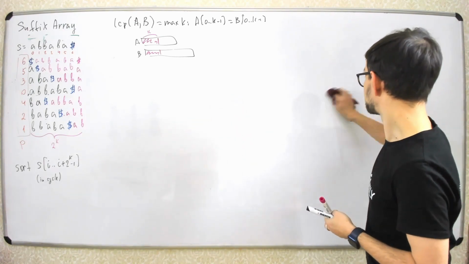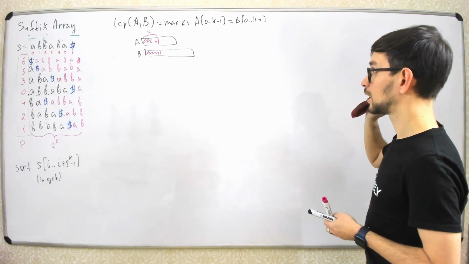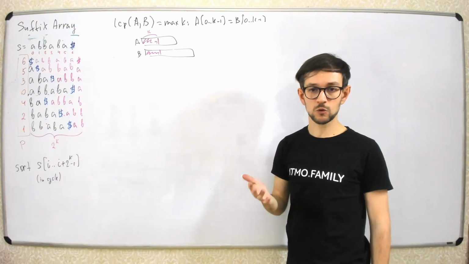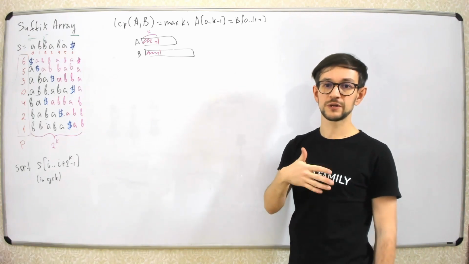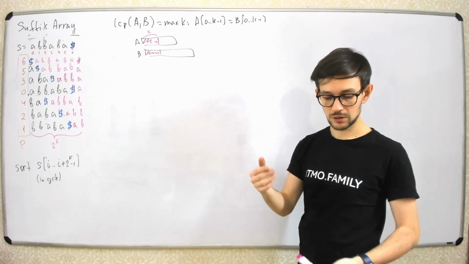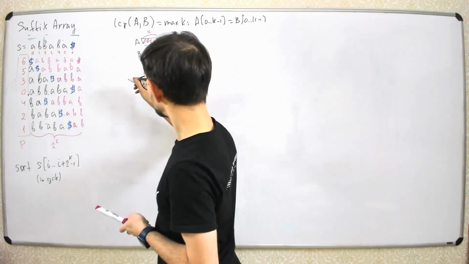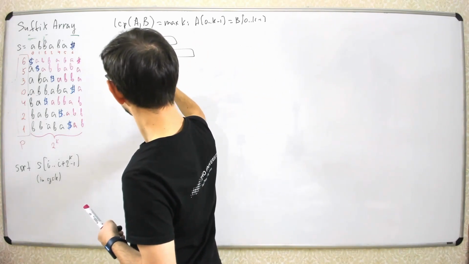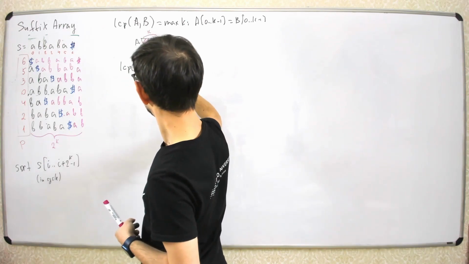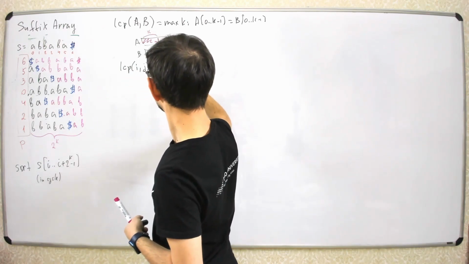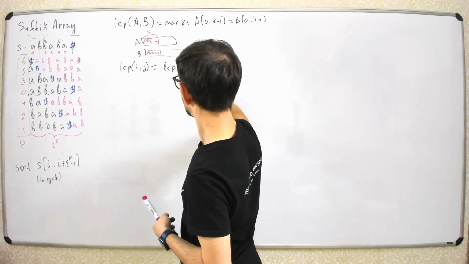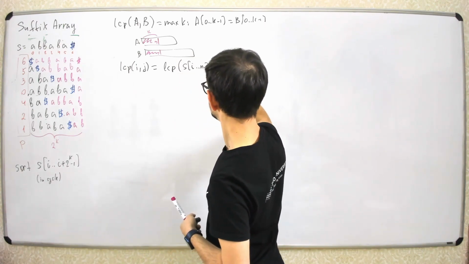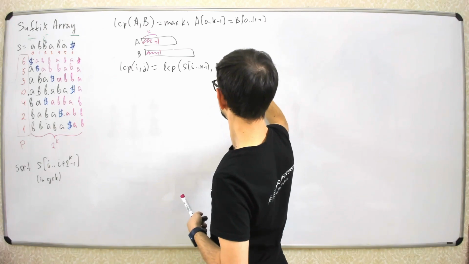So now, instead of calculating the longest common prefix of strings, I will calculate the longest common prefix of two given suffixes. So here I will implement LCP of i and j, which will be LCP of the suffixes from i to n minus 1 and from j to n minus 1, like this.